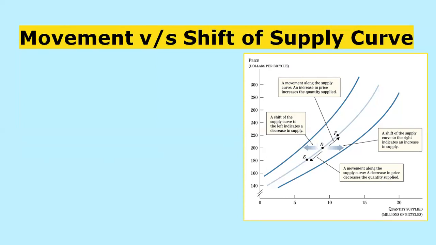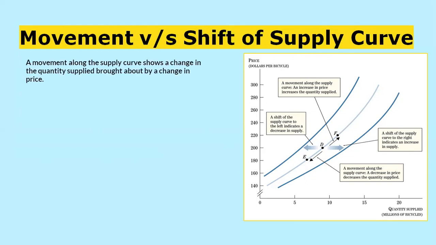Movement versus shift of supply curve. A movement along the supply curve shows a change in the quantity supplied brought about by a change in price.